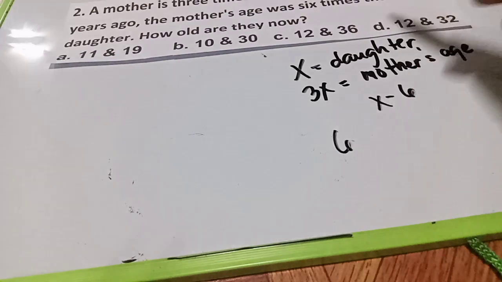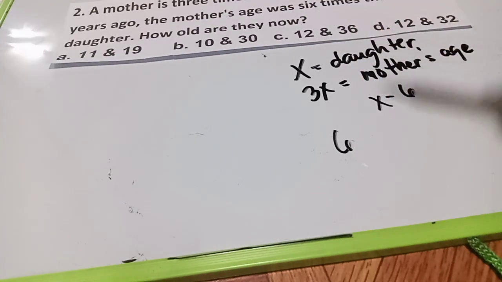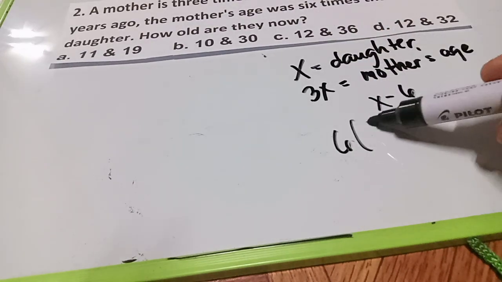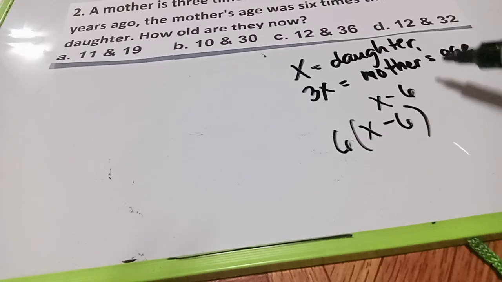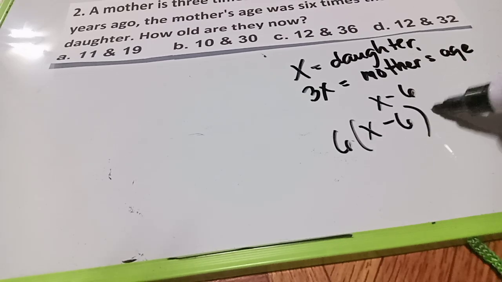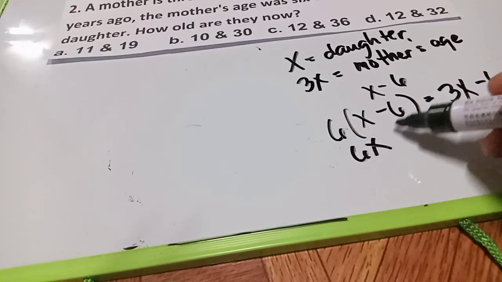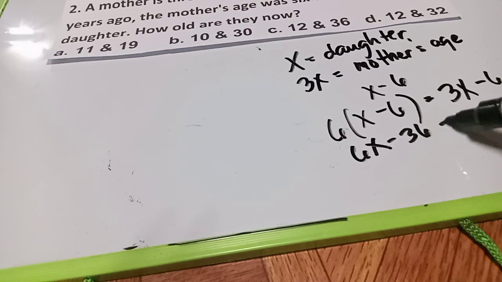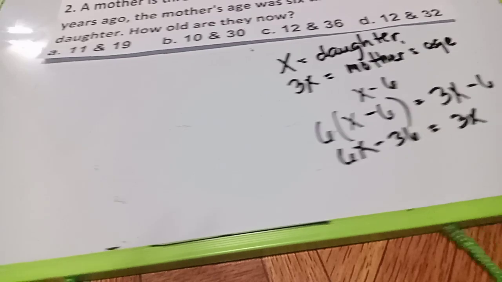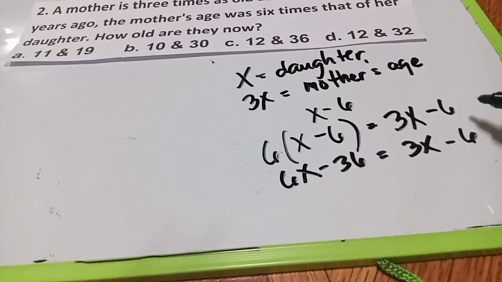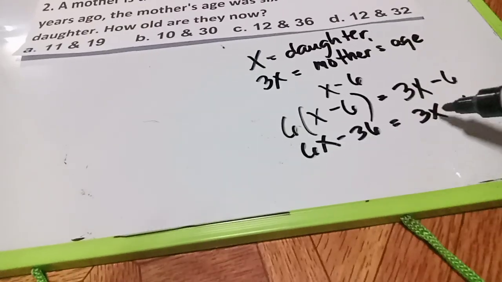Take note, 6 years ago, the mother's age is 6 times, so multiply by x minus 6, and that equals 3x minus 6 again. If we multiply 6 times, this will become negative 36. 3x minus 6.